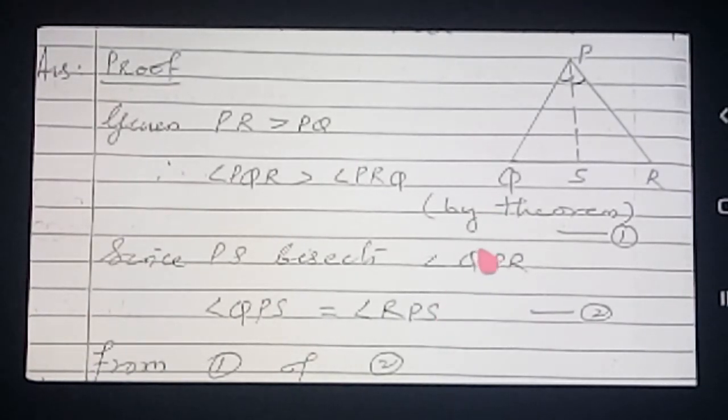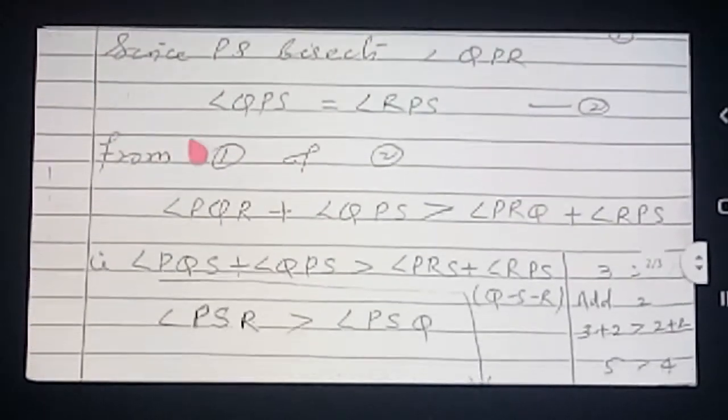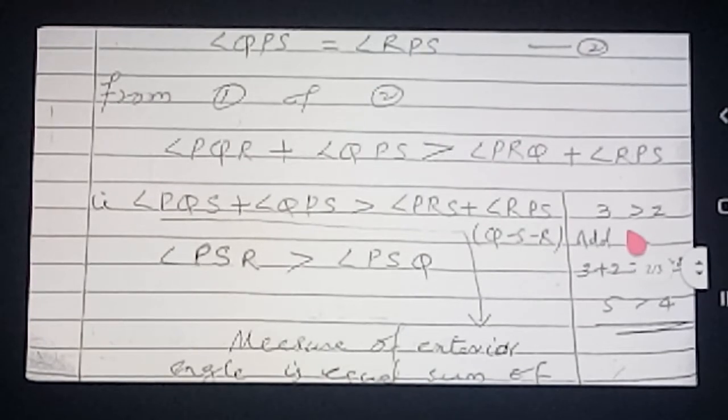So I am going to add this one. Here this is an equal number, no? This equal number I am going to add on both the sides. So if adding, will any values change? Here I have shown a rough work. Just see this rough work. Very clearly you know that 3 is greater than 2, no?